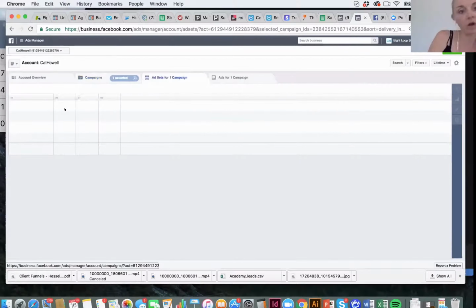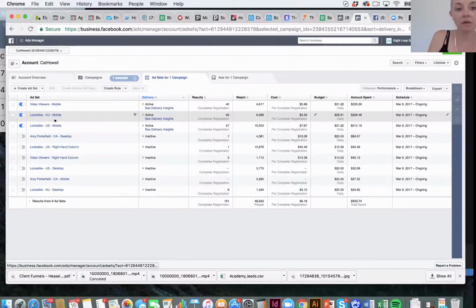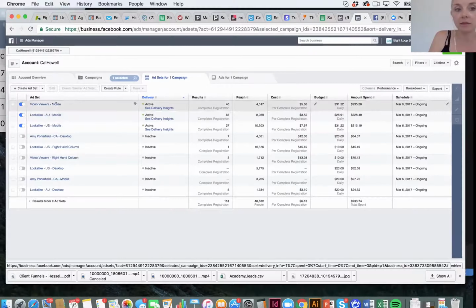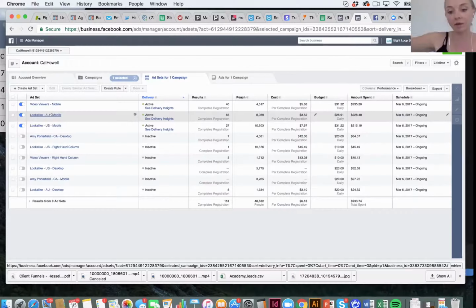If we go to the second part of the funnel, this one is a lead magnet, and I think in here we've got the custom audience, and I think there's a cold audience as well. Yeah, so you'll see there's a cold audience of a lookalike AU and a lookalike of US, and I think we were comparing that against the video views to see if it was better off to just roll our lead magnet to a cold audience straight out, or if it was more effective to build the custom audience first and then retarget them.